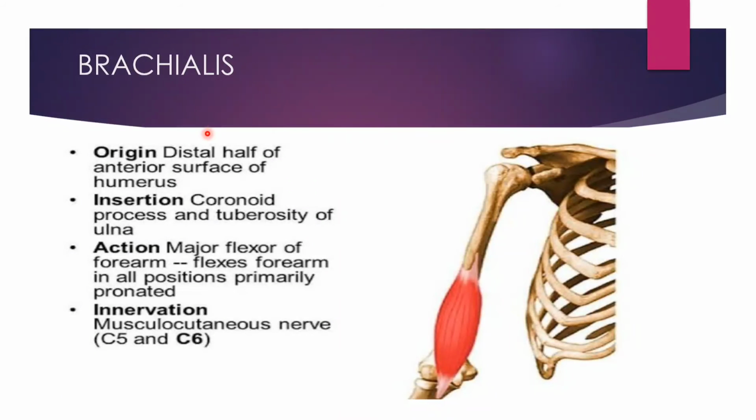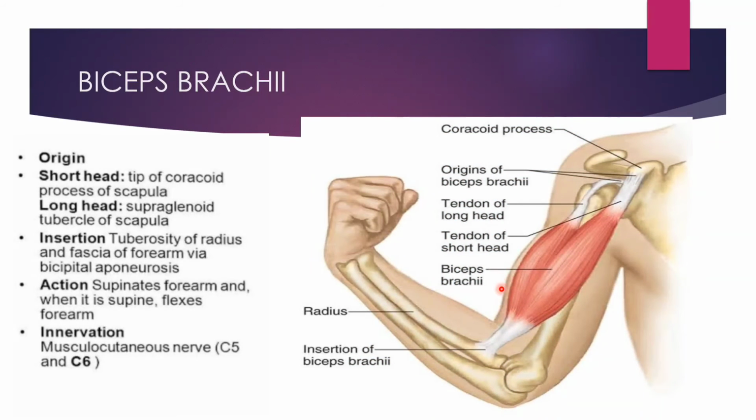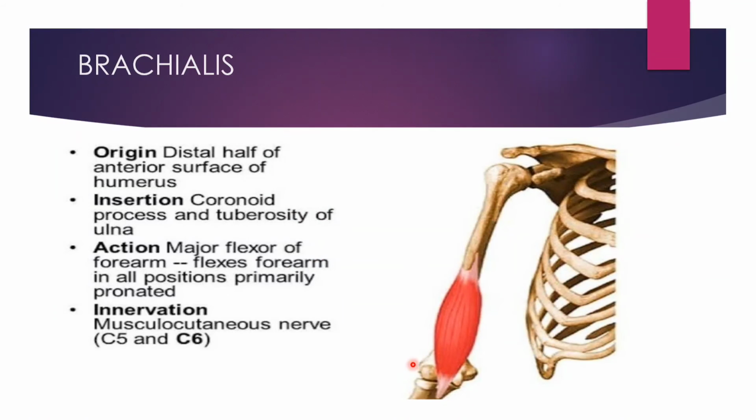So brachialis is inserted in the tuberosity of the ulna, whereas biceps brachii inserts at the tuberosity of the radius. This is the radius bone where the biceps is inserted, and this is the ulna where the brachialis muscle is inserted. The action is flexion, and the innervation is the musculocutaneous nerve, whose root value is C5, C6.